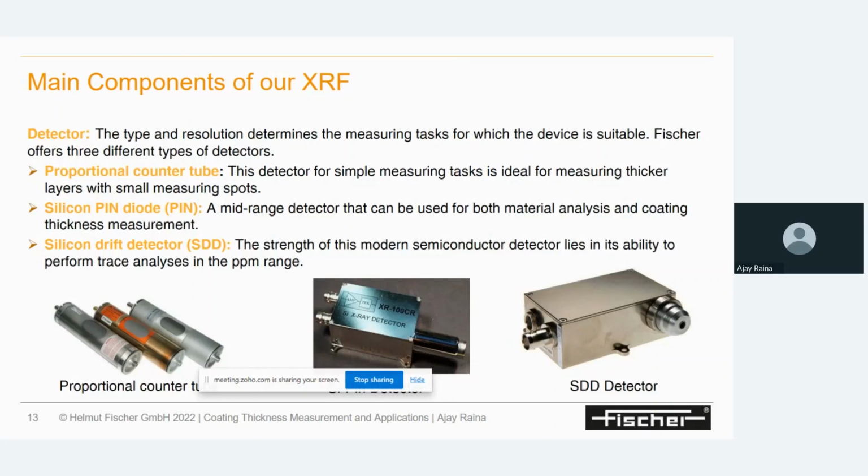Then in case there's a requirement to check the analysis of aluminum as well, going from sodium, magnesium, we can use the same SDD type of detector, and we need to add vacuum or helium purge there to create an inert atmosphere, and we can do composition analysis from sodium itself. Correct. So we can say that the silicon drift detector is the most advanced detector in the world which is available for X-ray testing. Yeah, correct.